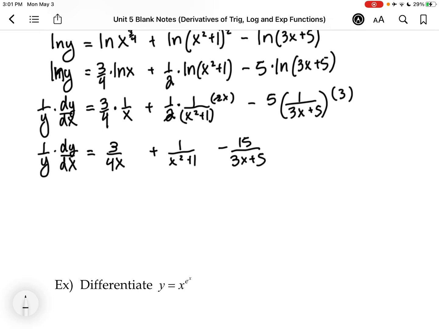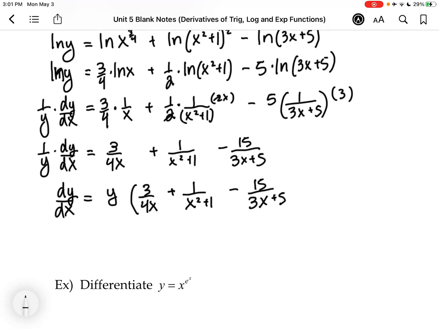Okay, now to isolate dy dx, we just need to multiply both sides by y. So if I multiply both sides by y, I'm going to get dy dx equals y times 3 over 4x plus 1 over x squared plus 1 minus 15 over 3x plus 5.